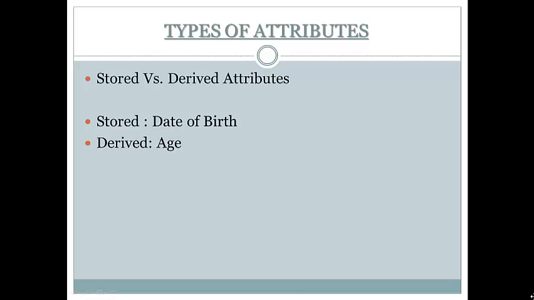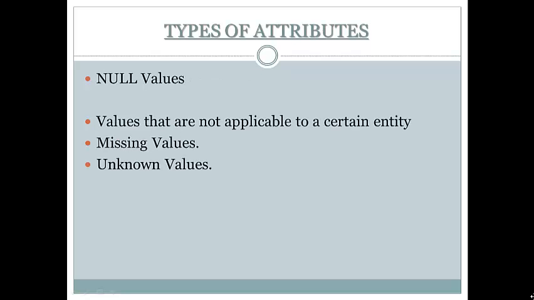Now the next classification is null values. In some cases, a particular entity may not have an applicable value for an attribute. For example, the apartment number attribute of an address applies only to addresses that are in apartment buildings and not to other types of residences such as single family houses.